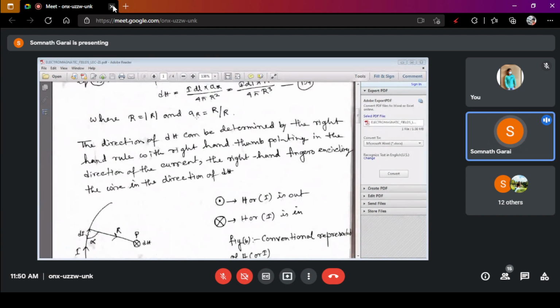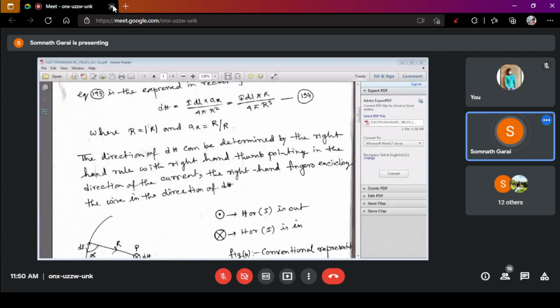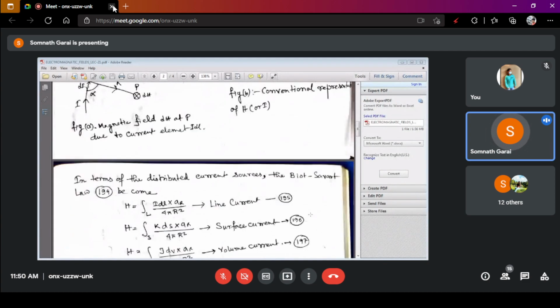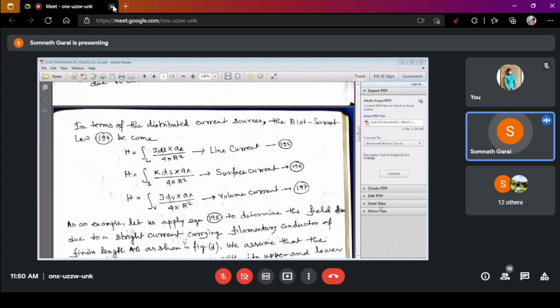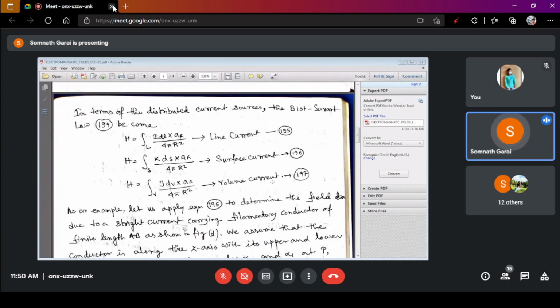If this equation is integrated over a specific region for a line, surface, or volume, then the Biot-Savart law for distributed current gives capital H equal to the integral over L of I dl cross aR divided by 4 pi R square.